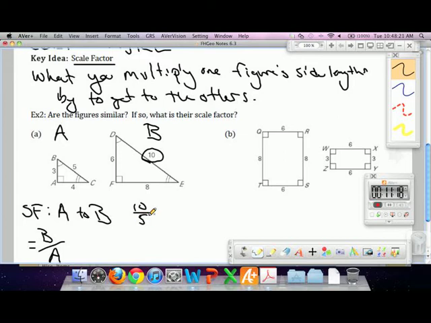Or I should be able to pick say 8 and divide it by its corresponding part, which is 4, and similarly 6 to 3. Notice that these things are all the same. These are all 2. So the scale factor to go from A to B is 2. I'll multiply anything in A by 2, and I get B.